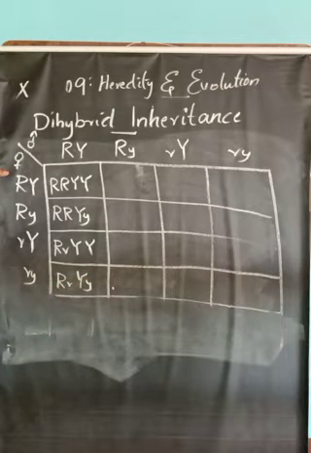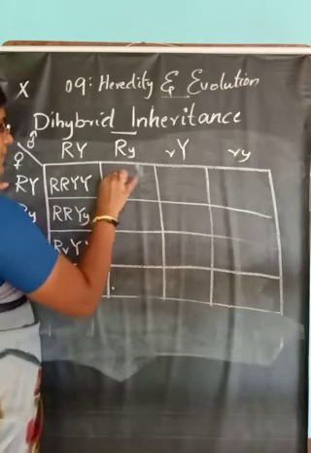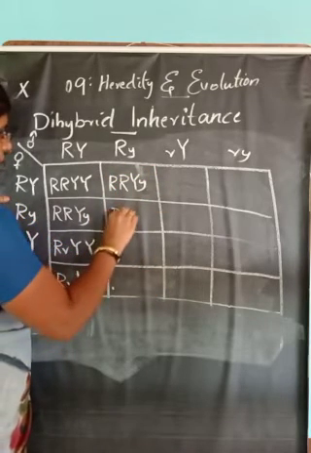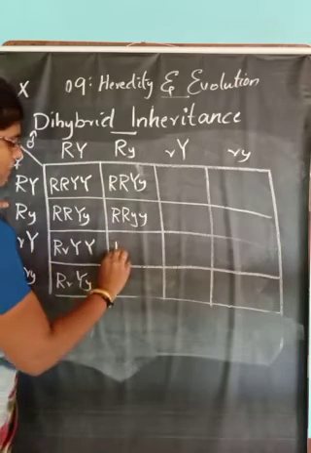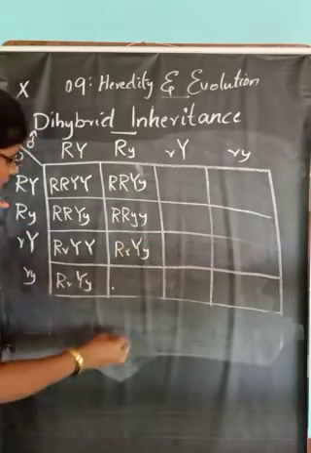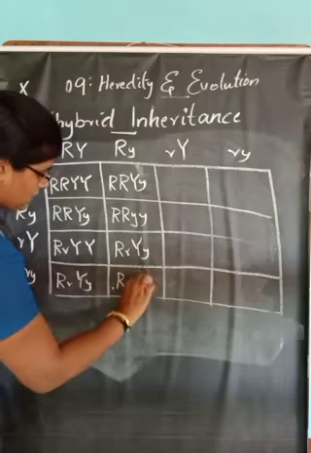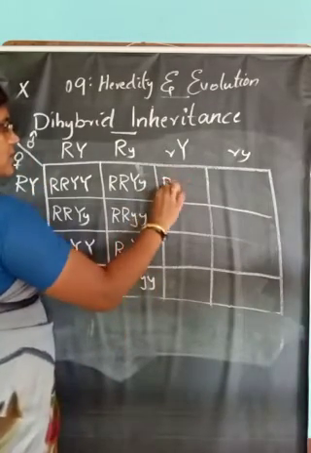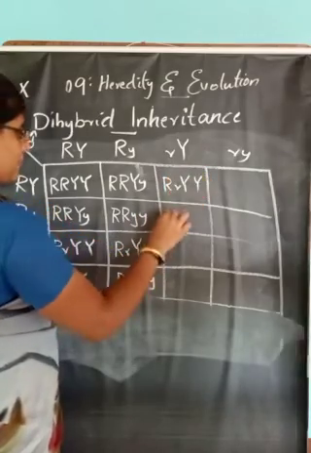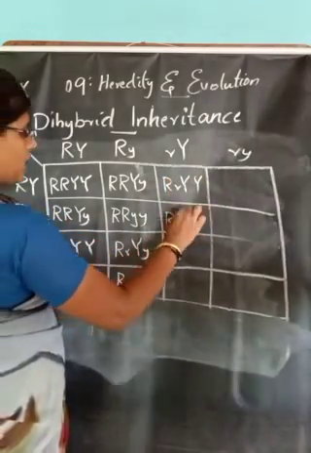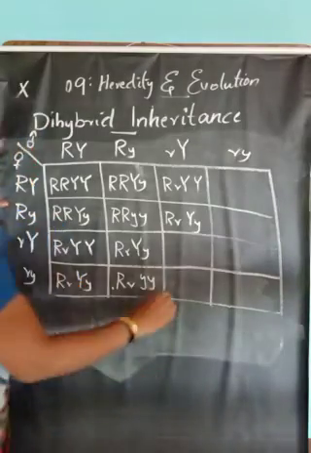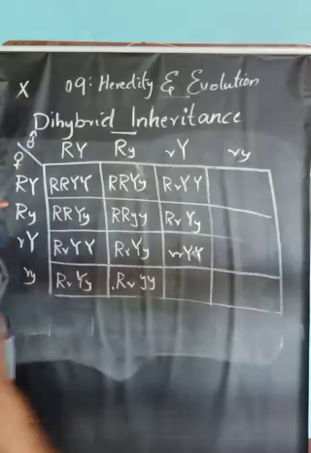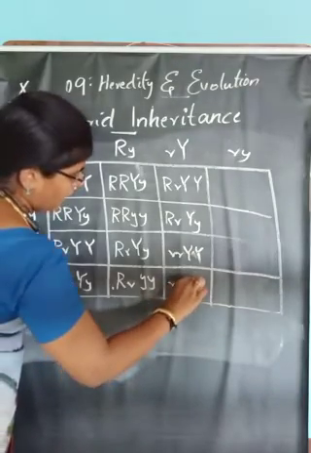Then next row: capital R, capital R, capital Y, small y; capital R, capital R, small y, small y; capital R, small r, capital Y, small y; capital R, small r, small y, small y. Then small r, small r, capital Y, capital Y; small r, small r, capital Y, small y.